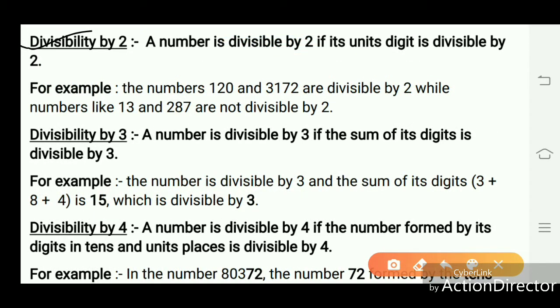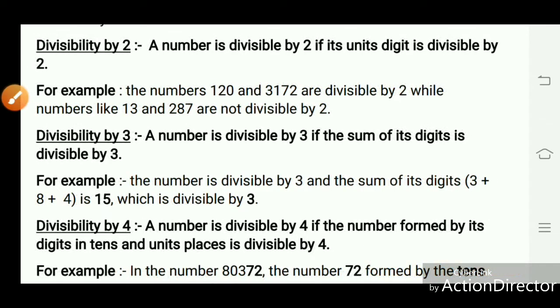A number is divisible by 2 if its unit digit is divisible by 2. Students, if a number has unit digit 0, 2 or other even digits, then the number is divisible by 2.